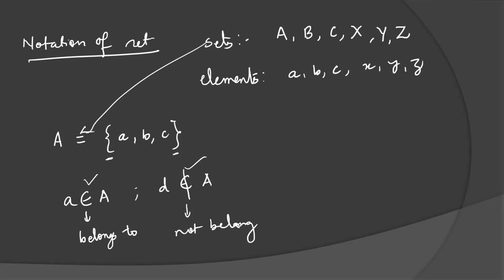How to represent the set? This is our next topic: methods of representation. There are two methods. First is the roster method. I hope you have all studied this in class 9, 10th. And second is set builder form.